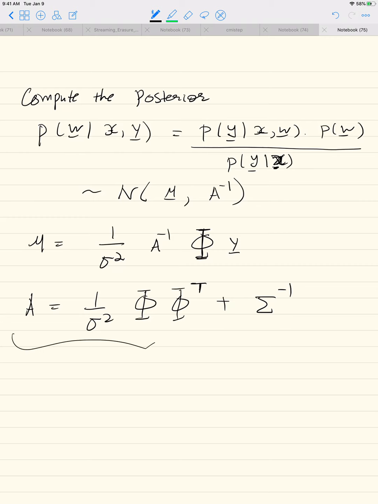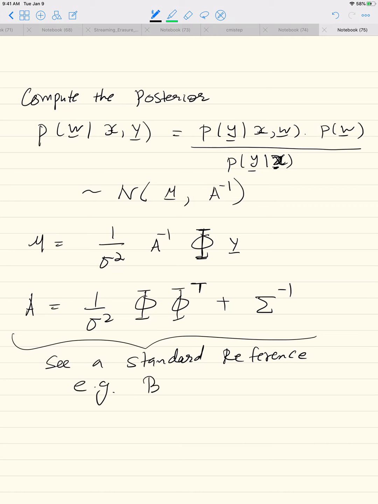And you can see a standard reference, for example, the textbook by Bishop, for these calculations.